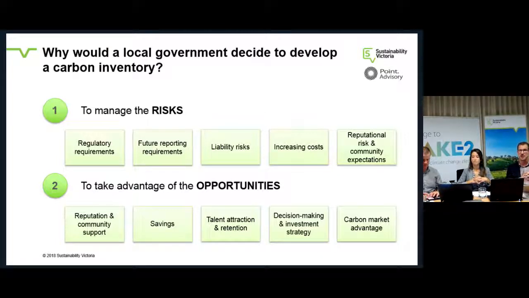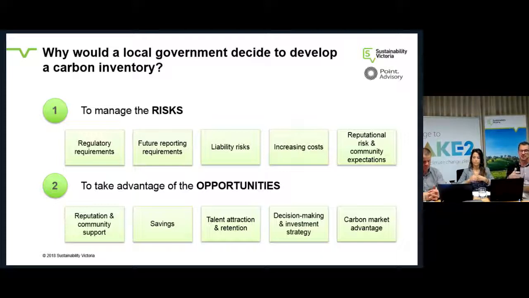You can identify some really good energy efficiency and potentially renewable energy opportunities by developing a carbon inventory and seeing where the bodies are buried, if you like, in terms of your highest levels of energy consumption. We know that a lot of potential employees these days want to see their employers take climate change seriously, so climate change can be an attraction and retention tool for employers.